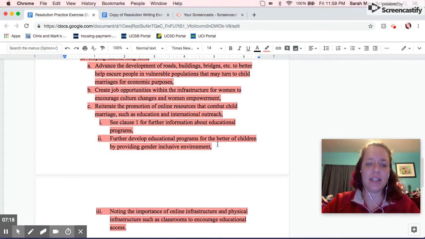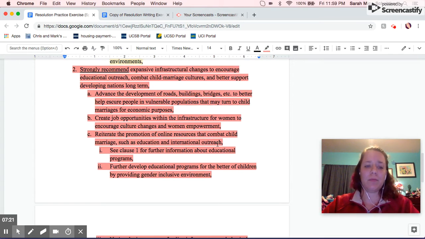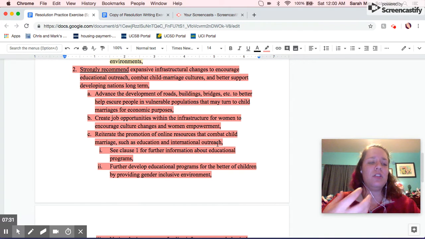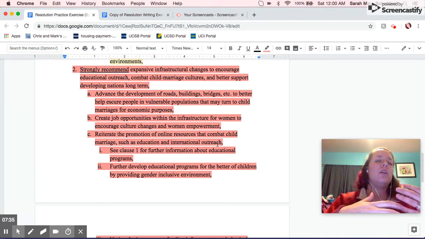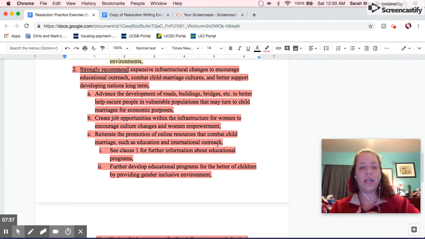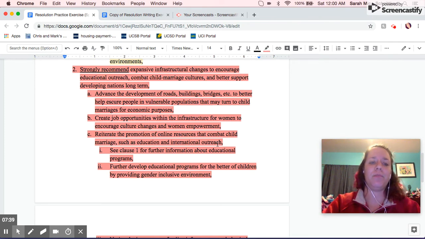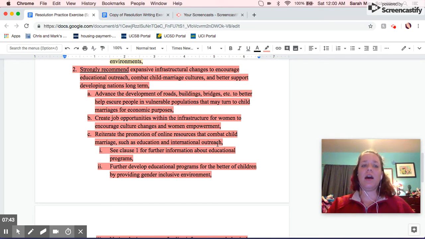How are we going to get to them? That's what our second operative here is, that it advances the development of roads, bridges, and buildings. It creates a way to have that online virtual access, and all supporting of that online aspect of our previous operative clause.